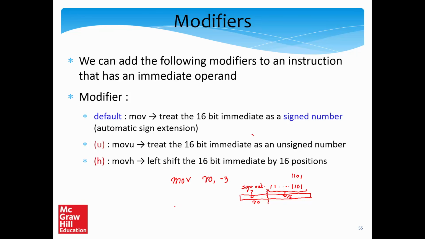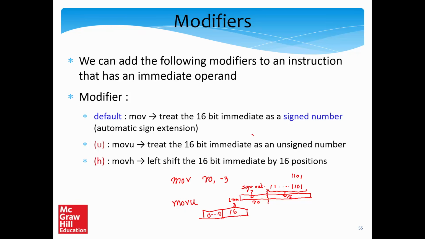So let us define the move U instruction. In the move U instruction, we treat the 16-bit immediate as an unsigned number. So essentially in the 32-bit field, the first 16 bits is where the immediate comes in, and the remaining 16 bits are all zeros. So we treat it as an unsigned number.